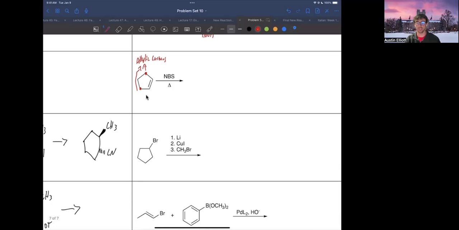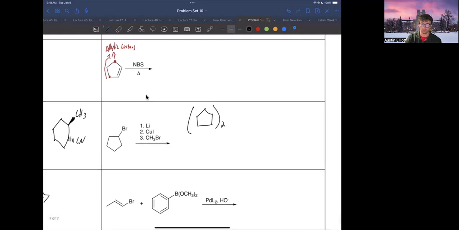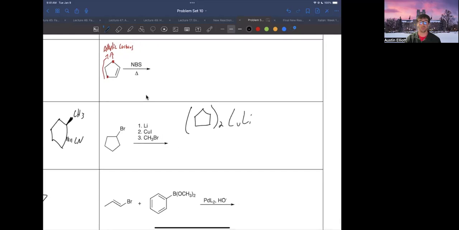So moving down to the next one. So this was kind of what I mentioned earlier. If you see that lithium, the copper, it just signals the formation of that organocuprate. So basically what we have here is the setup first, and it's going to look a little something like this. We have our ring, something like that. That's the formation of the reaction itself.